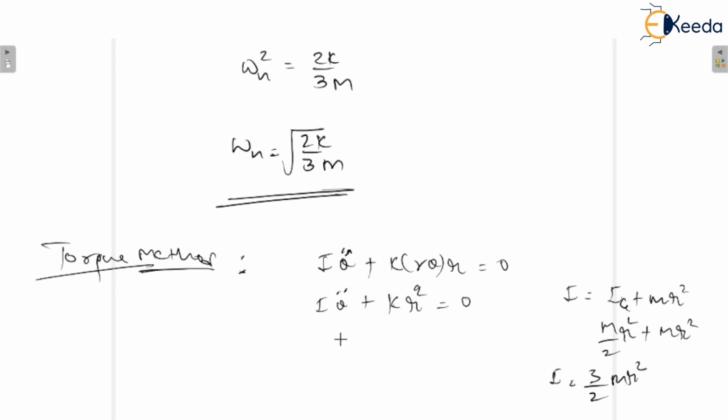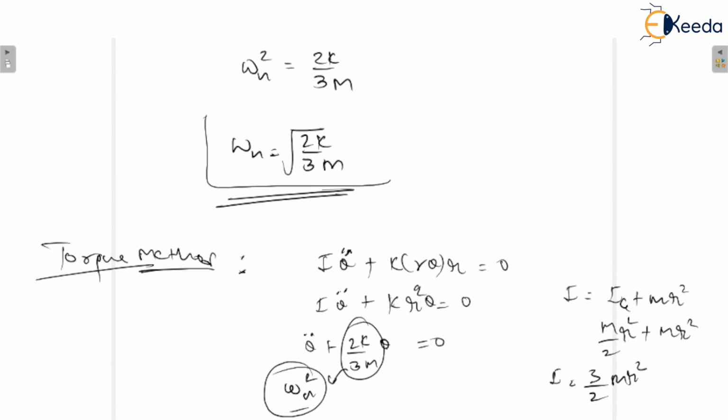So when you put the value of I in these equations and rearrange, you will get 2k upon 3m theta. Here it will be theta is equal to 0, and so you can see here this is omega n square. So from here, if you get omega, that would be the same value.